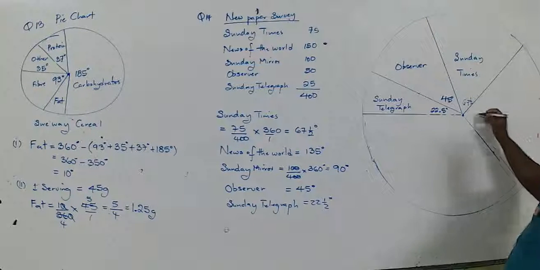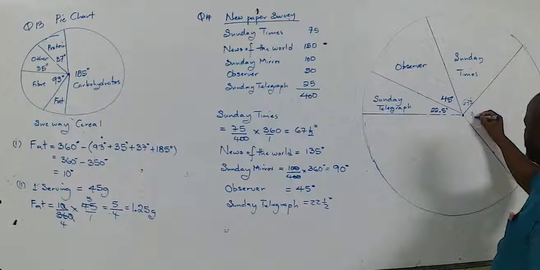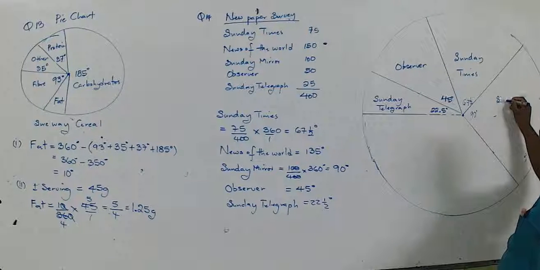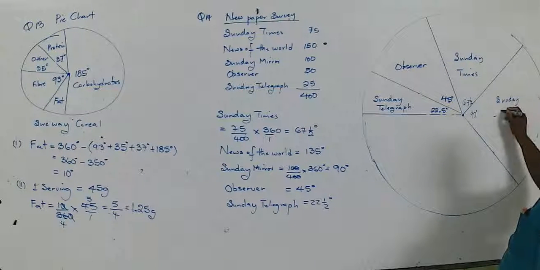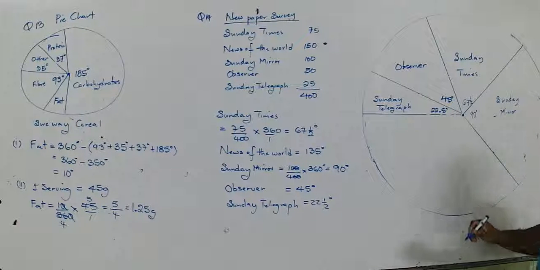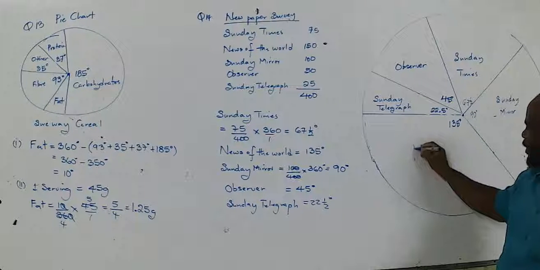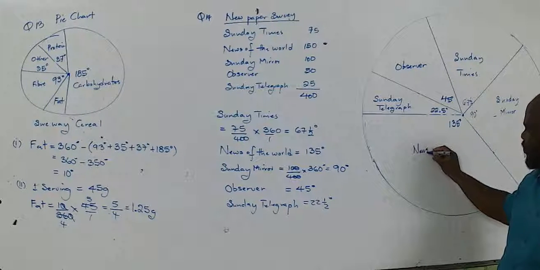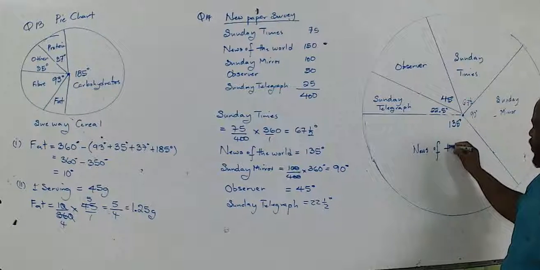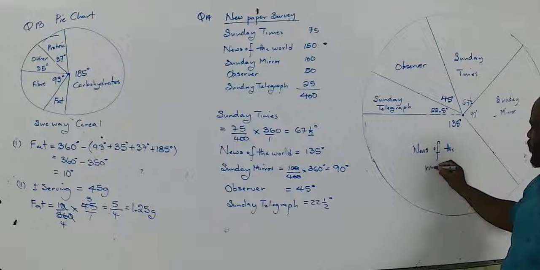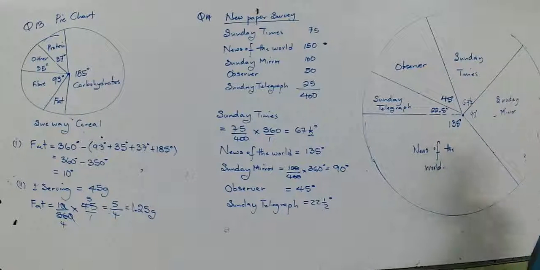This is 90 degrees, and this is the Sunday Mirror. As I said, the next one automatically falls in. 135 degrees, and this is News of the World. That's News of the World.